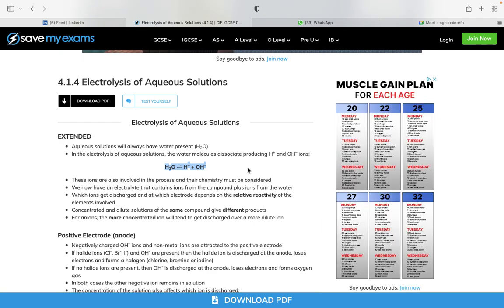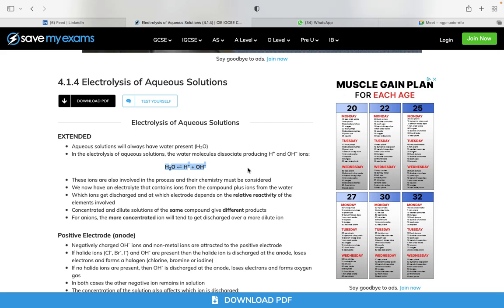So the water always dissociates into these two when you bring electricity to it. Okay, these ions are also involved in the process, and their chemistry must be considered when you study electrolysis.